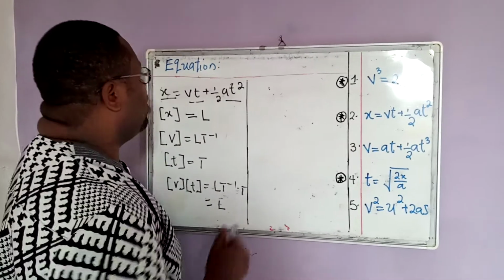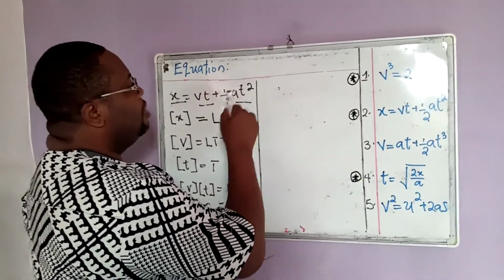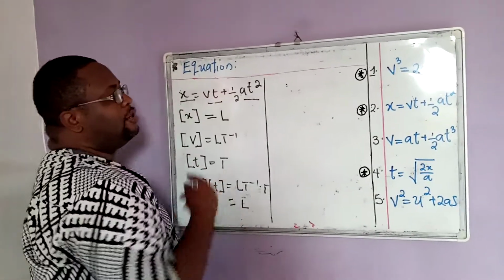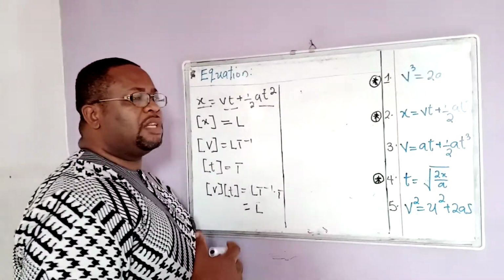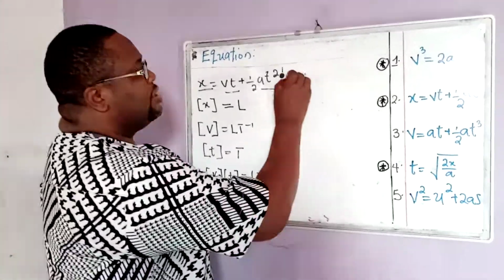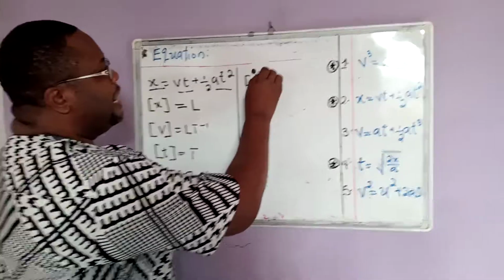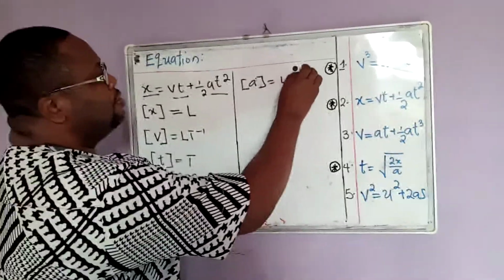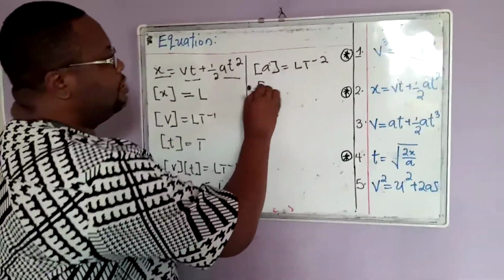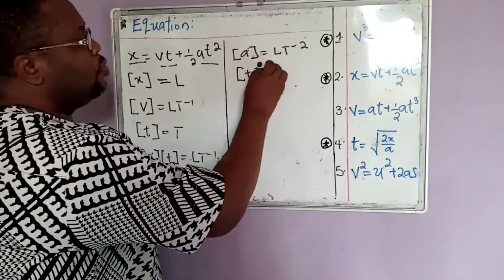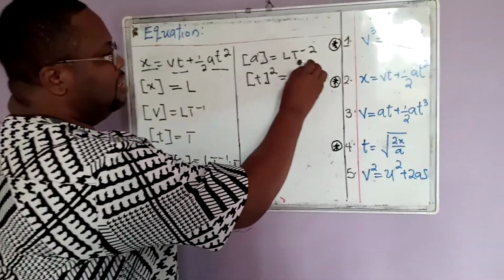Okay, now we come over to this other term. Of course, half is dimensionless. We normally do not consider constants and numbers in our dimensional analysis. So the dimension for A is LT^-2, and the dimension for t squared is T^2.